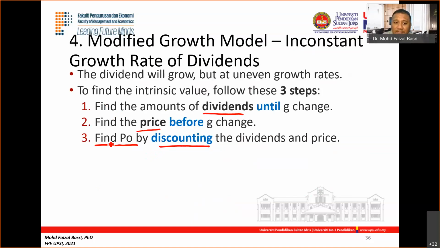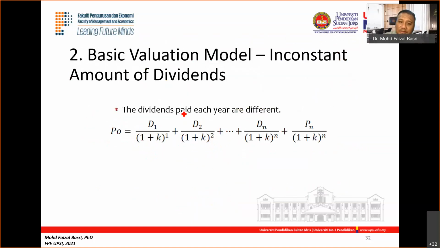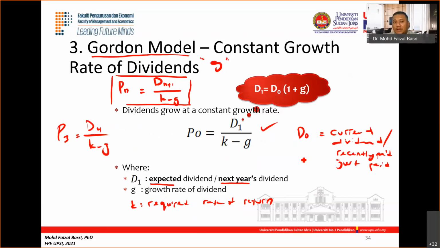So meaning the third step, we're still going to use this formula. Okay, but if you refer to the first and second model, these dividends and the price were given in the question. But for us, these dividends and the price in model number 4, we need to find ourselves. So how?